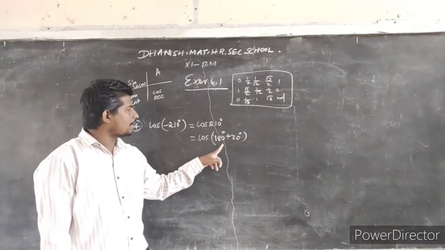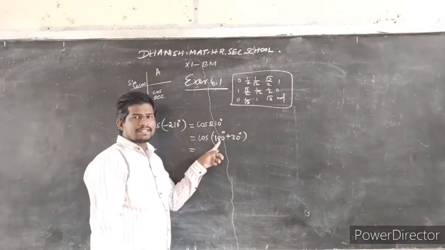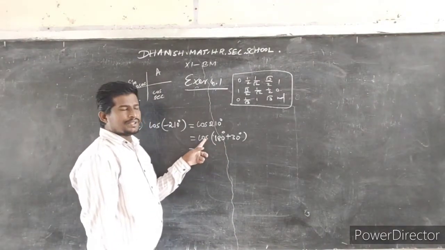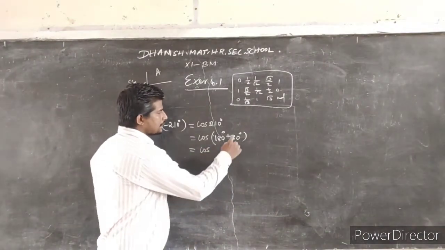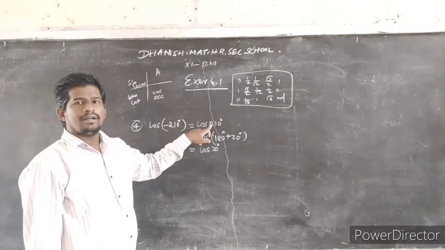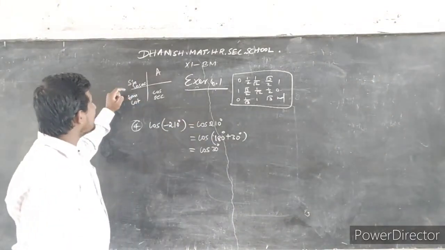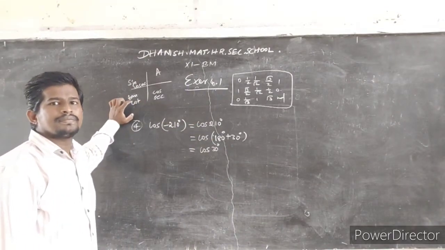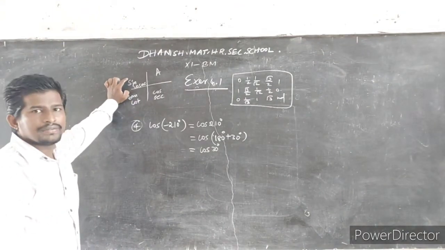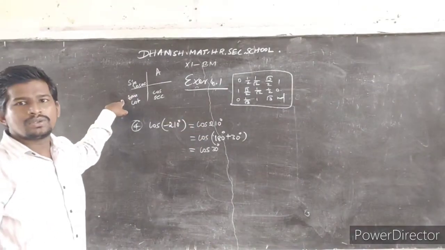Cos 210 degree can be written as 180 plus 30 degree. For the first angle in the bracket, here we are having 180 degree, so there will be no change in the ratio. So cos 30 degree. We should check the quadrant. 210 degree lies in the third quadrant.